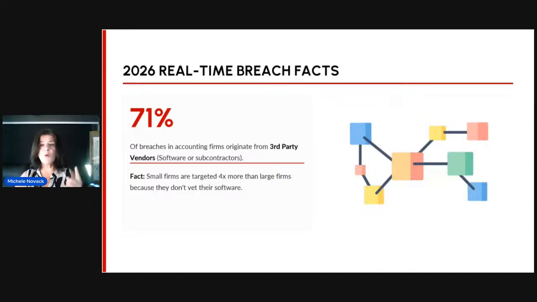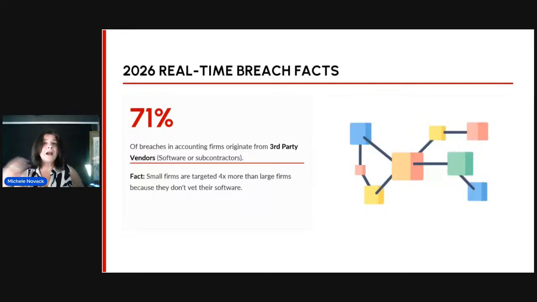Vendors are the number one way hackers get into small firms. Hackers don't attack you directly. They attack the software that you use. They hop into your clients' files. In 2026, 71% of breaches came from third-party vendors. Why? Because small firms blindly trust big names.